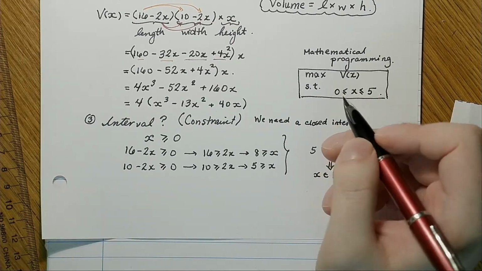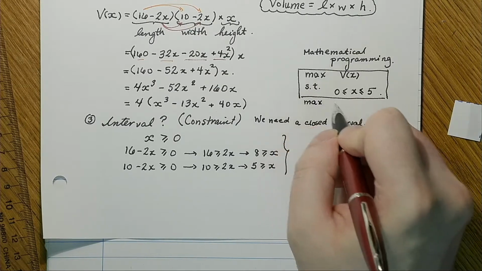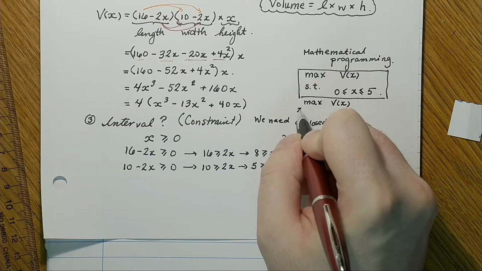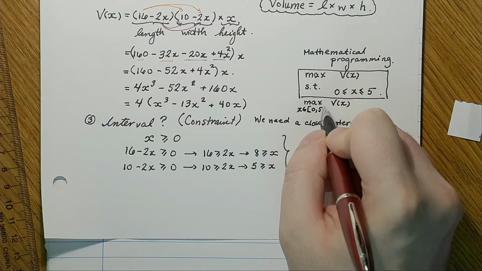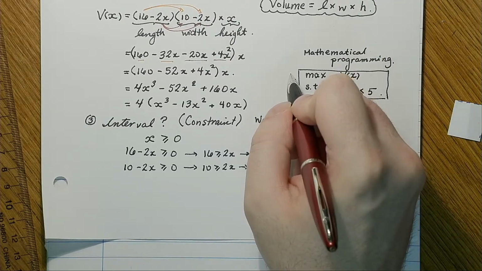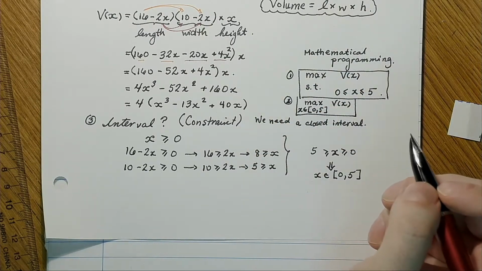The second year class might do something like that, or you might see something like this, which is just max of v, and under here is the condition, x is on that closed interval from 0 to 5. So there are two different standard notations.